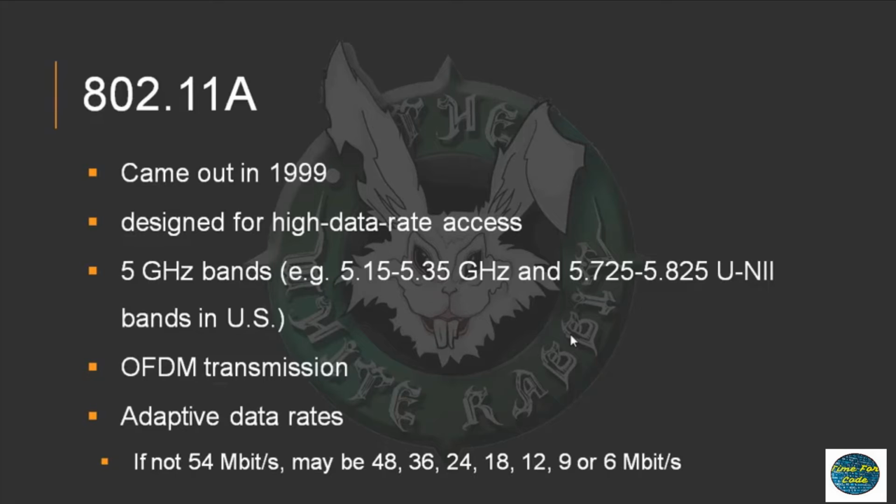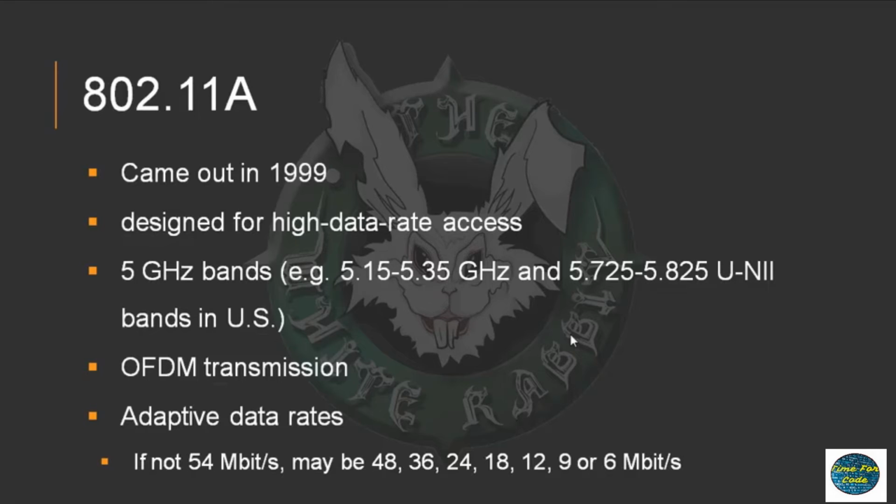We are still seeing OFDM being used in more recent systems like LTE. Also, 802.11a was the first to use the 5 GHz bands.